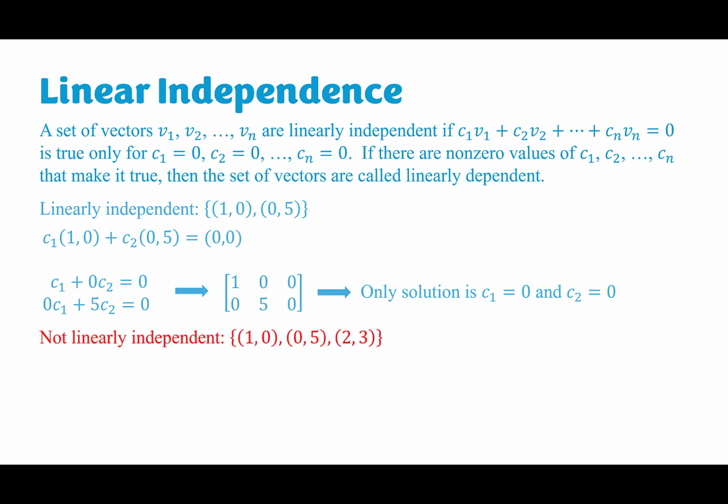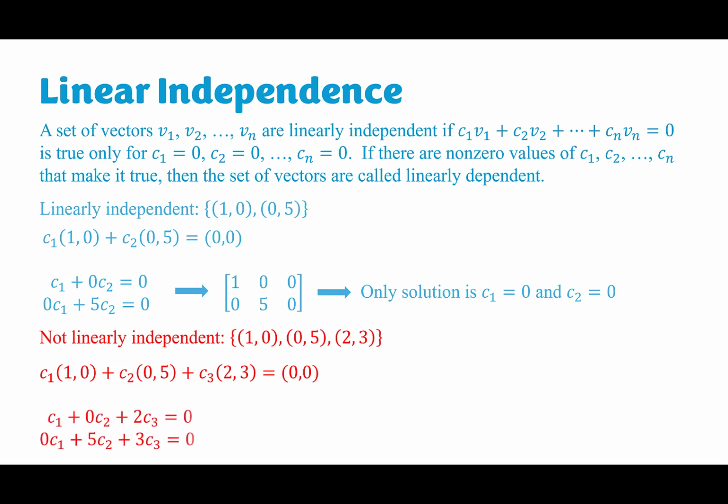An example of a set of vectors that's not linearly independent are these three vectors. Why is that? If you look at the linear combination of those three vectors and set it equal to the 0 vector, we're checking to see if there's just one solution to this equation. That is what we could call the trivial solution, when C1, C2, and C3 are all 0. Well, you get the system of equations here. You could write the augmented matrix. And we can see right away that there's an infinite number of solutions to the system.